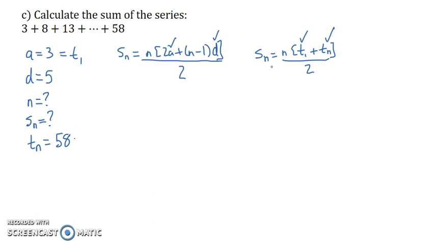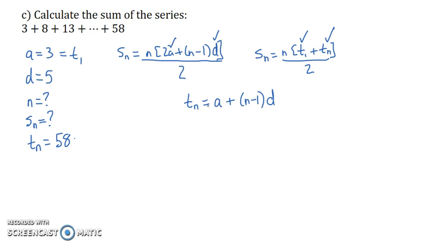So one thing I could do is I could put those two equations together and solve it, but there's even an easier equation to solve here. And that's your term number for an arithmetic sequence. And that was a plus n minus 1 times d.